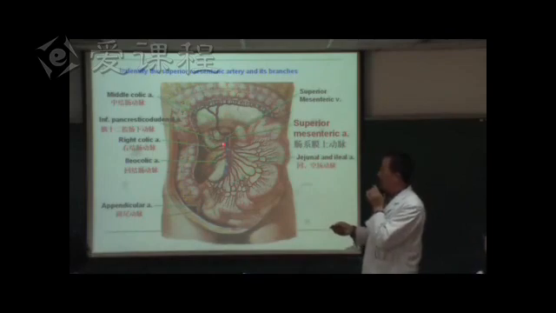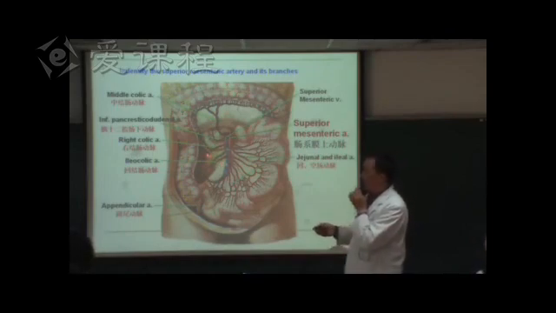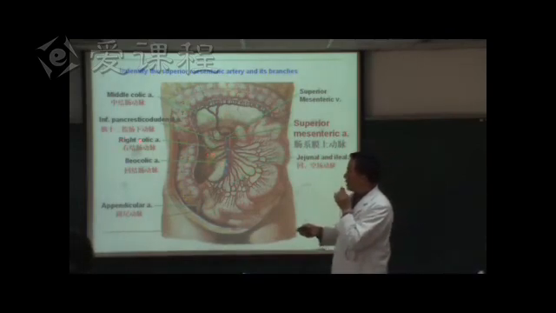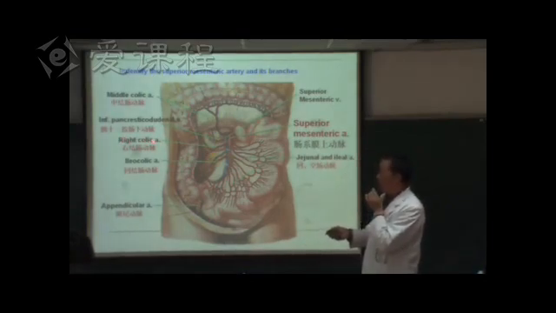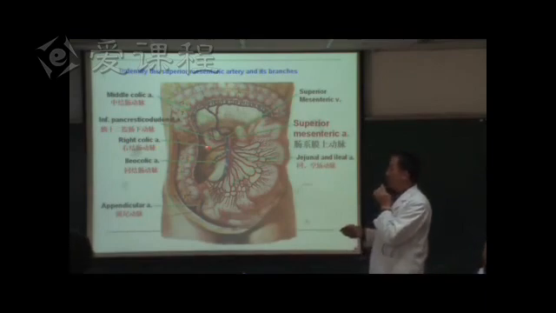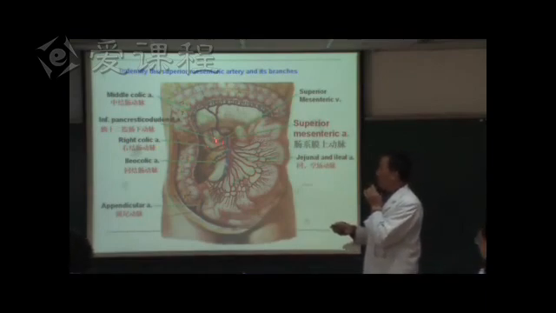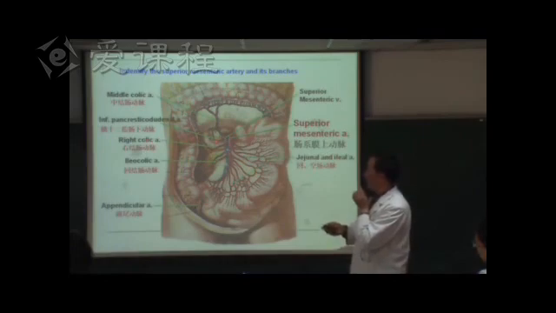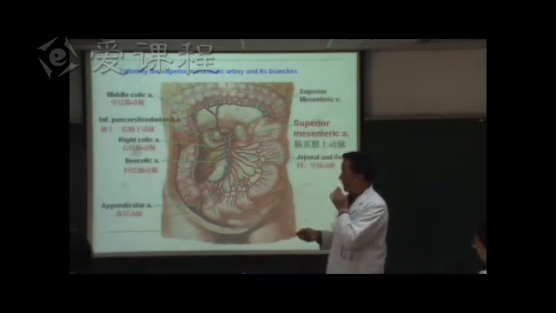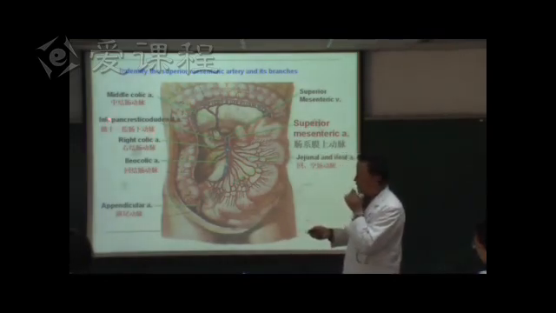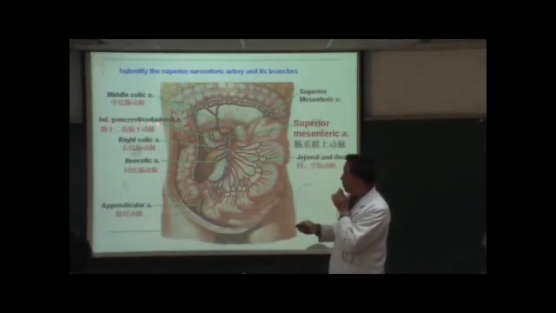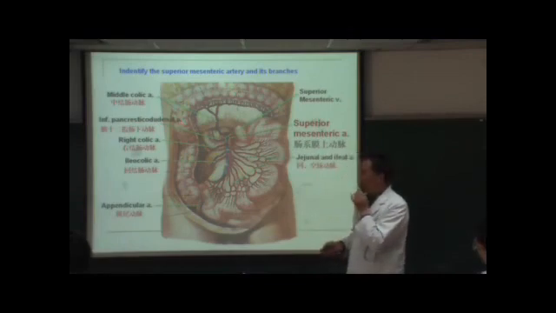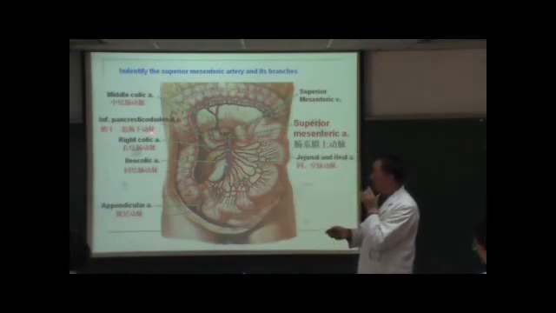Yes. Above this artery, you can find the right colic artery. Read it, please. Right colic artery. And still superior to this artery is a small artery. It is called the inferior pancreaticoduodenal artery. 胰十二指肠下动脉, read it.